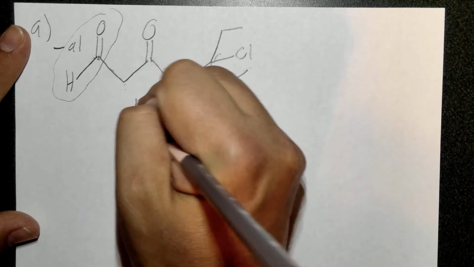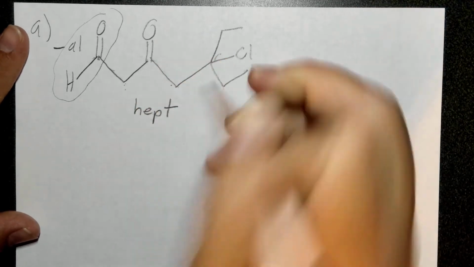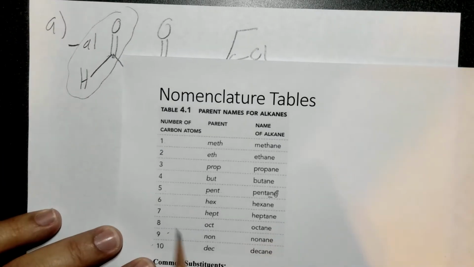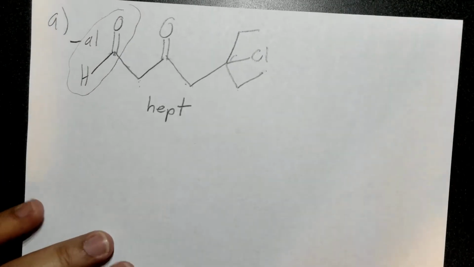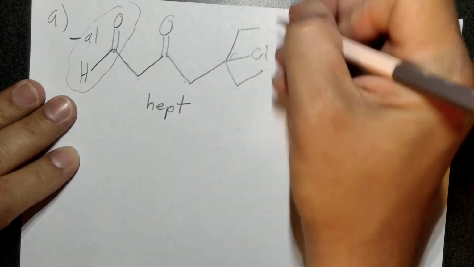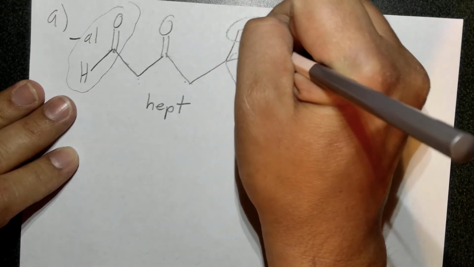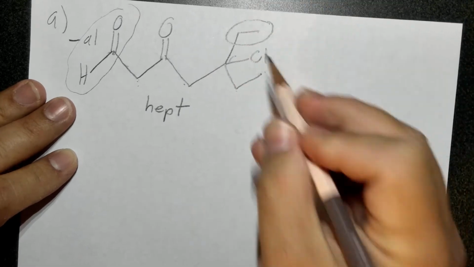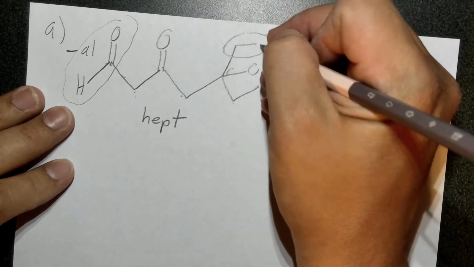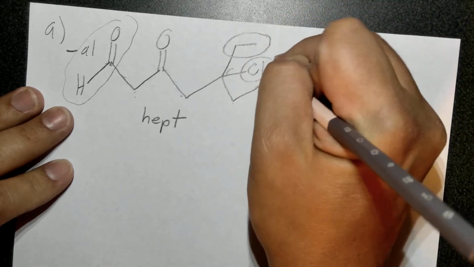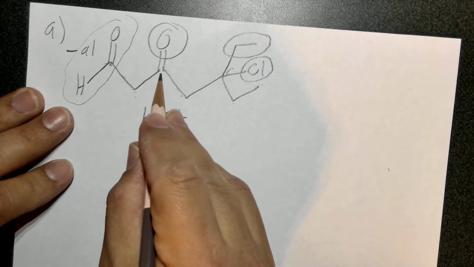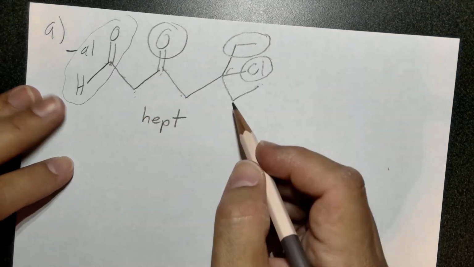So that means the parent name is hept, and that's in the chart right here. 7 carbons, hept. Knowing that, it doesn't really matter which one because they're kind of the same piece. This is the extra thing that's dangling off the main chain. So that is a substituent. This is a substituent. And this is a substituent. Not this carbon. This carbon is part of the main chain.